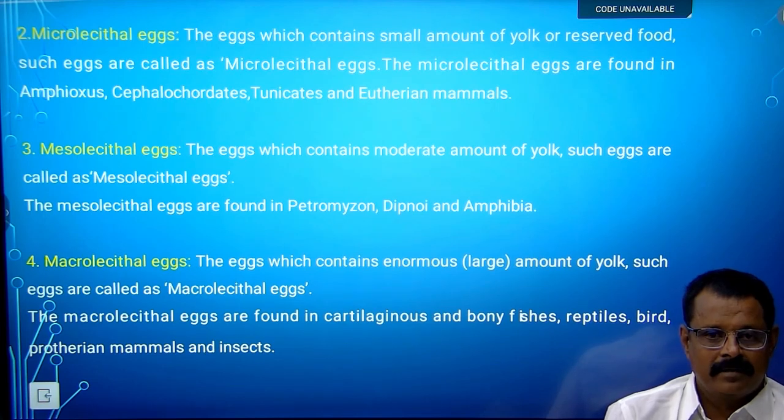And the last type is macrolecithal eggs. The eggs which contain a large amount of yolk are called macrolecithal eggs. Such eggs are found in cartilaginous and bony fishes, reptiles, birds, prototherian animals, and insects.